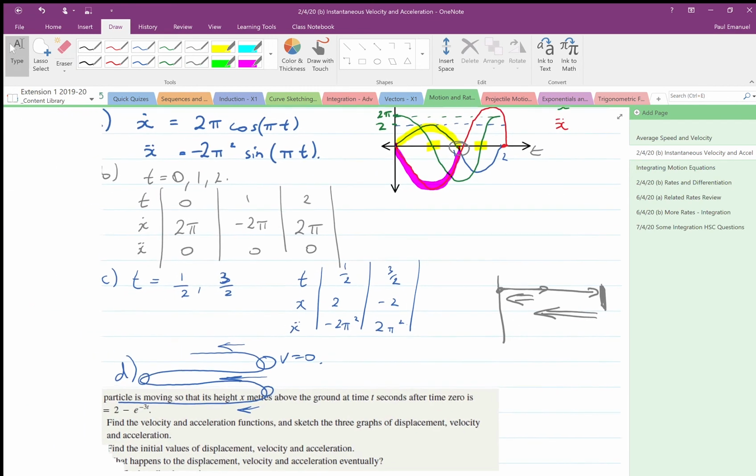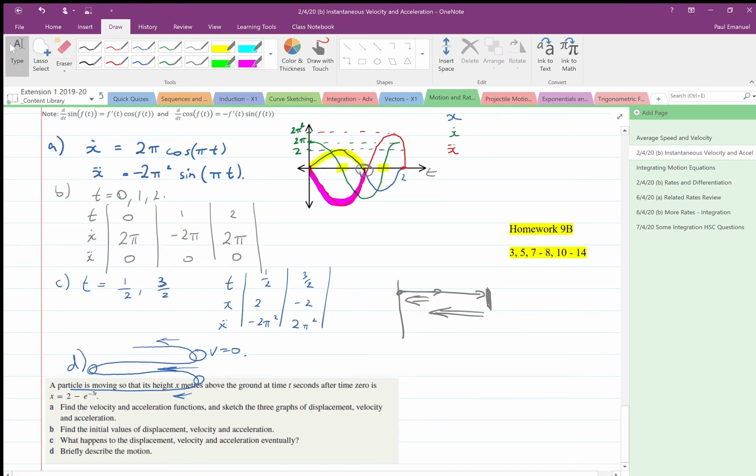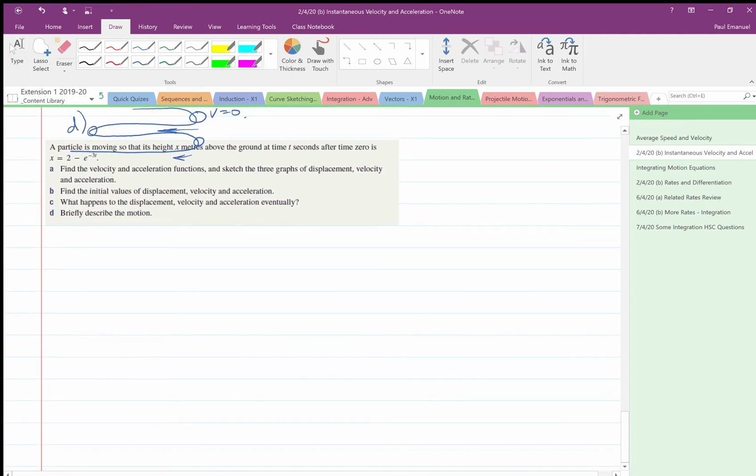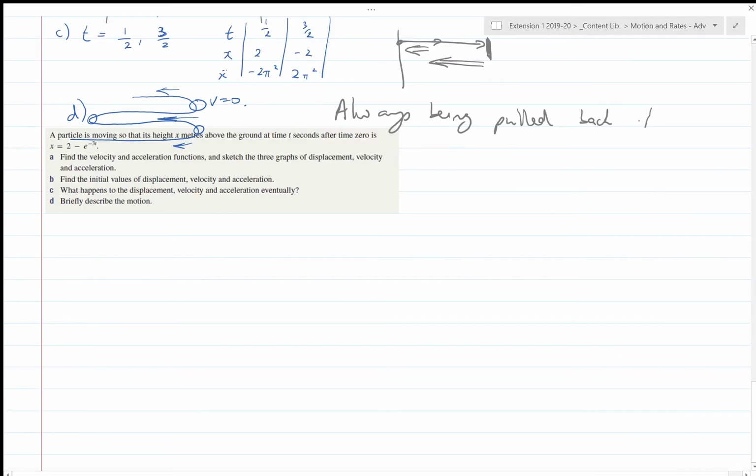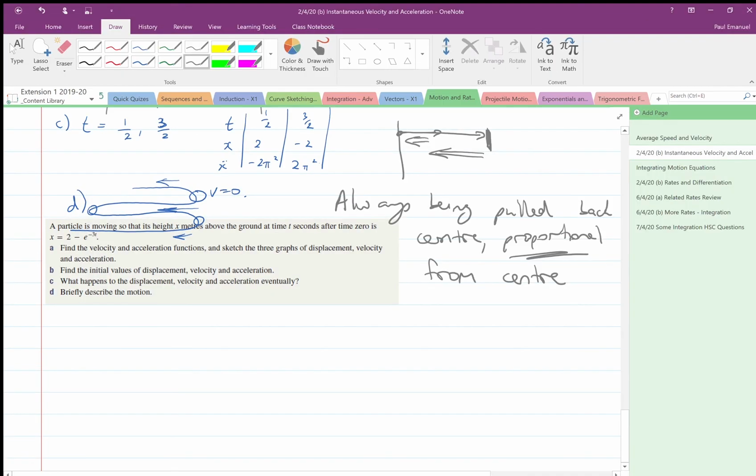So that's a description of the motion, I suppose. But the main thing to note is that the acceleration is always directly opposite to its position, so it's always being pulled back to the center, proportional to distance from the center, basically. I mean, the word proportional is a bit dangerous in maths, but let's just leave it there.